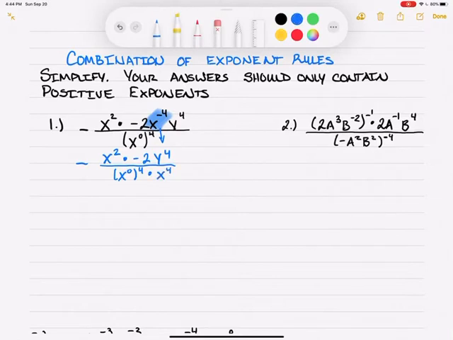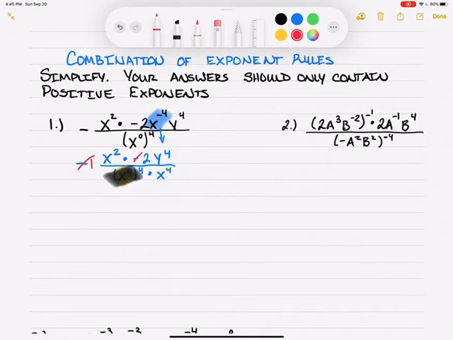Now, next, x to the 0 power is going to be 1, and 1 to the 4th power is going to be 1. So realistically, we can get rid of this entirely. I have the negative 1 out front, and this negative next to the 2 will cancel each other out as well.